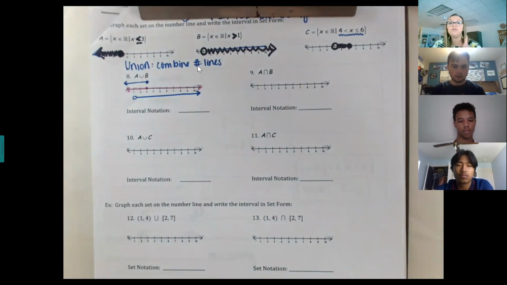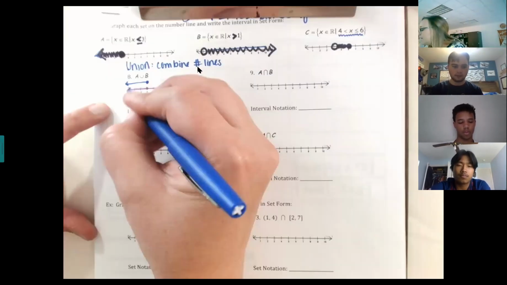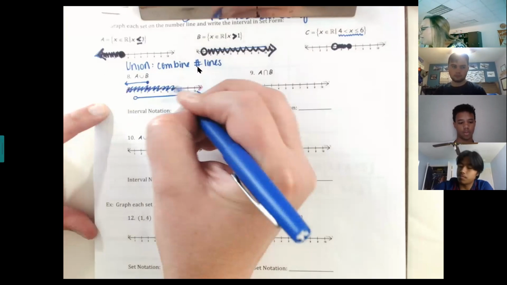Now for a union, remember, if it's shaded on top or on bottom, it's shaded. I'm not looking for the overlap yet. So if I want either one, then it would be everything, this whole way across.